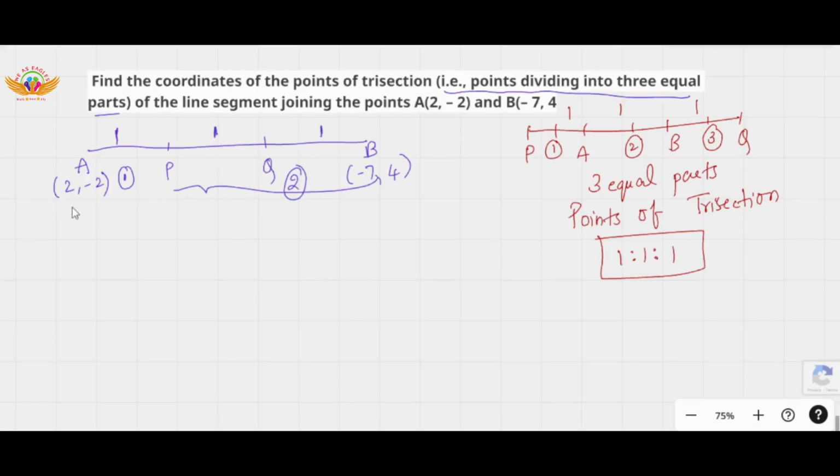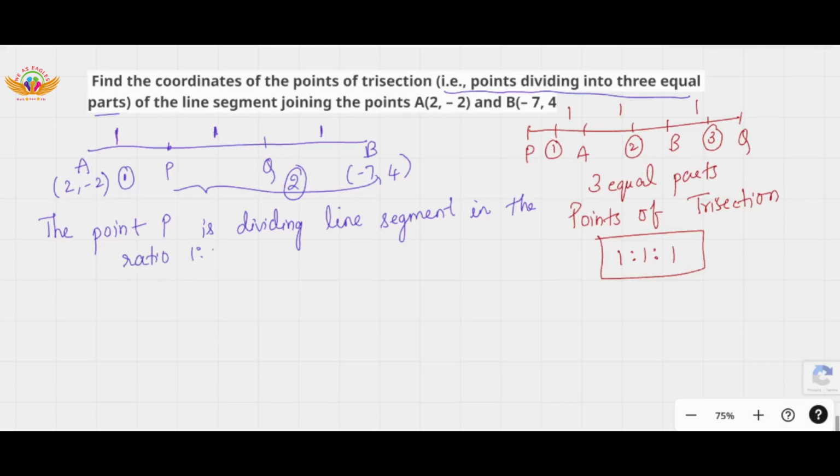So what we understood is the point P is dividing the line segment in the ratio 1:2.